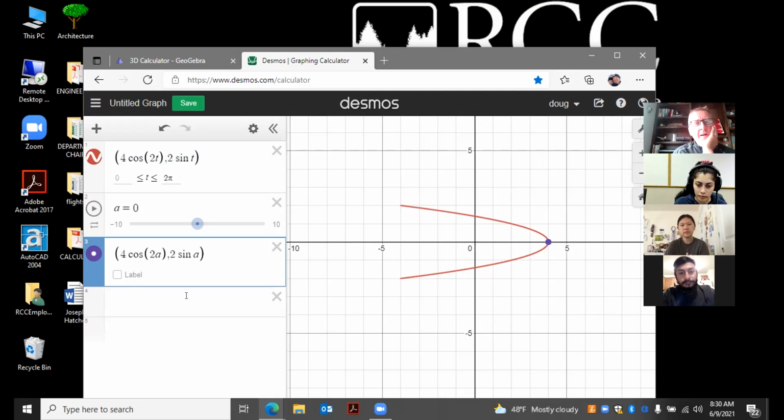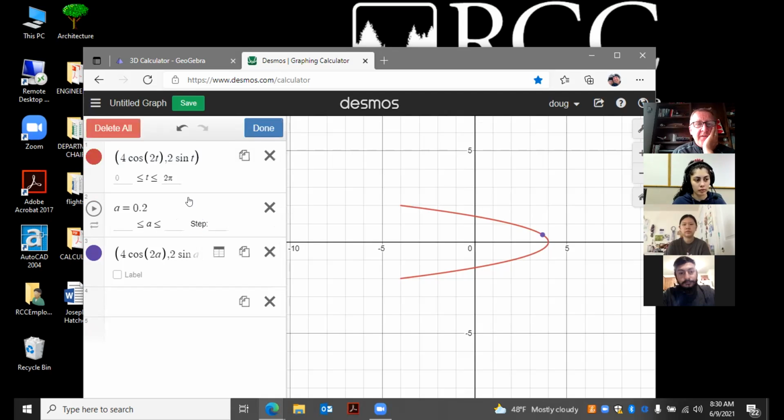Now, what's going to happen as I start to let a grow from 0? Well, remember in this case, a is kind of behaving like an angle. In other words, it's going to work its way from 0 to pi. Maybe I should set this to work its way from 0 to 2 pi.